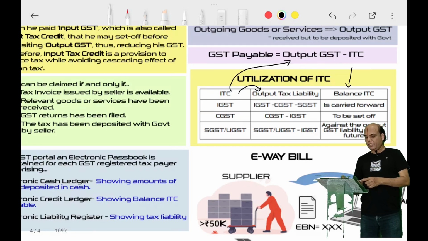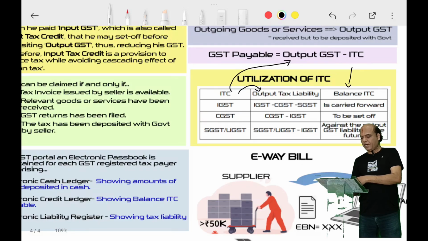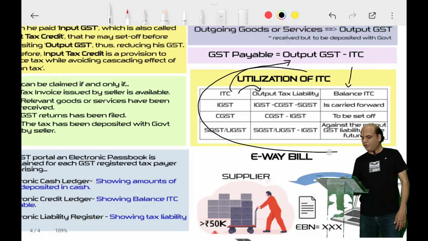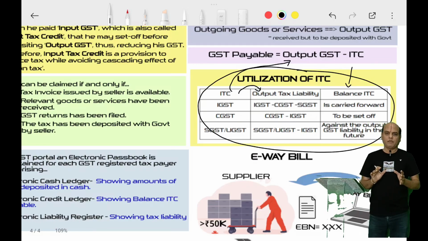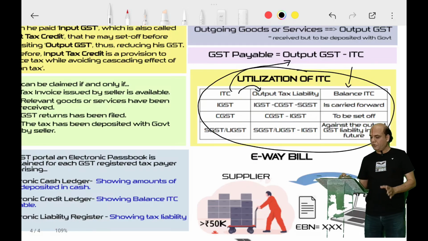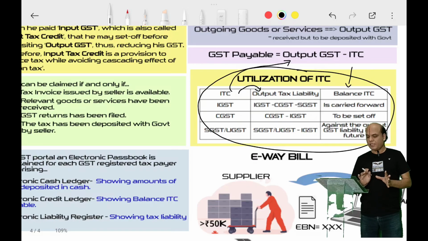Likewise, from CGST you should subtract IGST, and from SGST you should subtract IGST again, SGST or UTGST as the case may be. So this utilization of ITC is very important. You will understand better when we do worked example. So you remember this utilization of ITC.